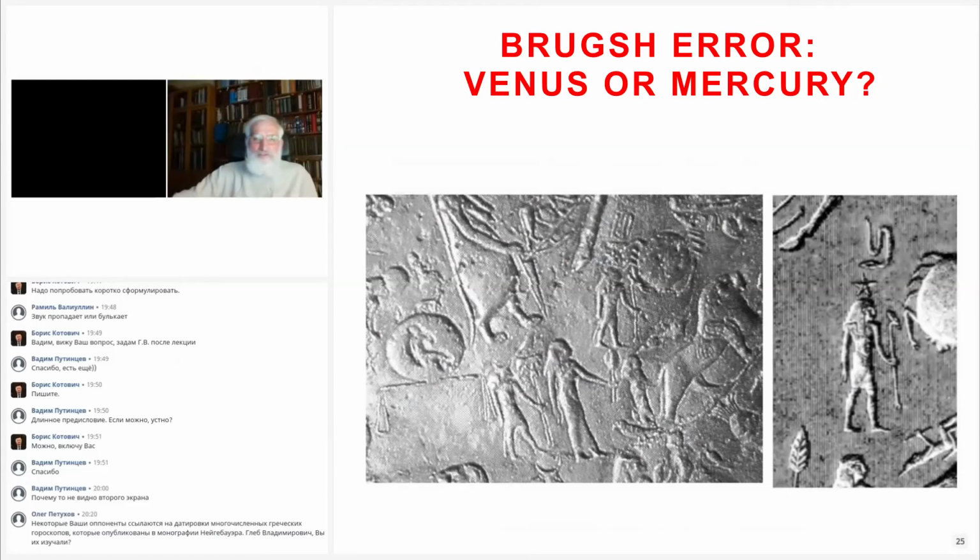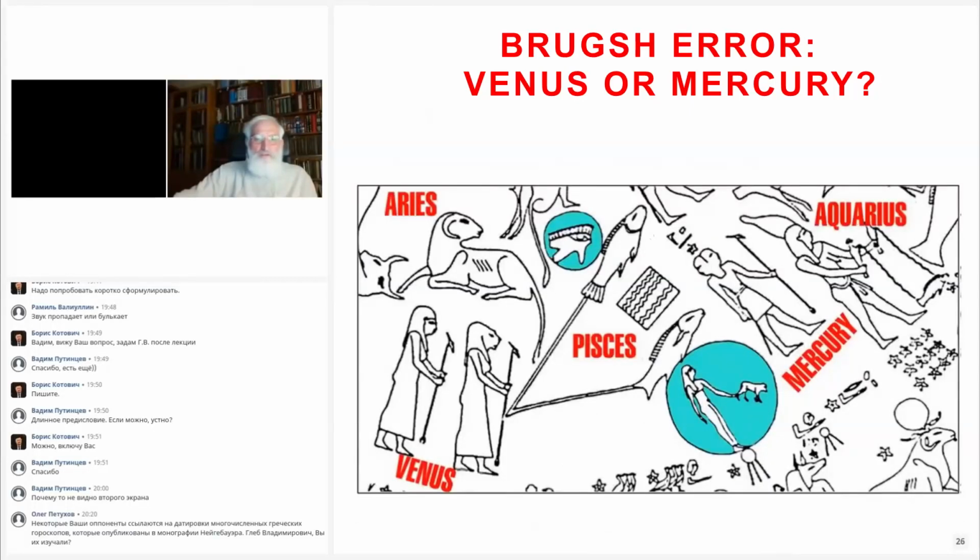So, Brooks made a mistake here. Of course, both options should have been considered, but there is actually an explicit Venus here, two women together. Therefore, it is Mercury because there is a double female planet, Venus. Here, Mercury is depicted.